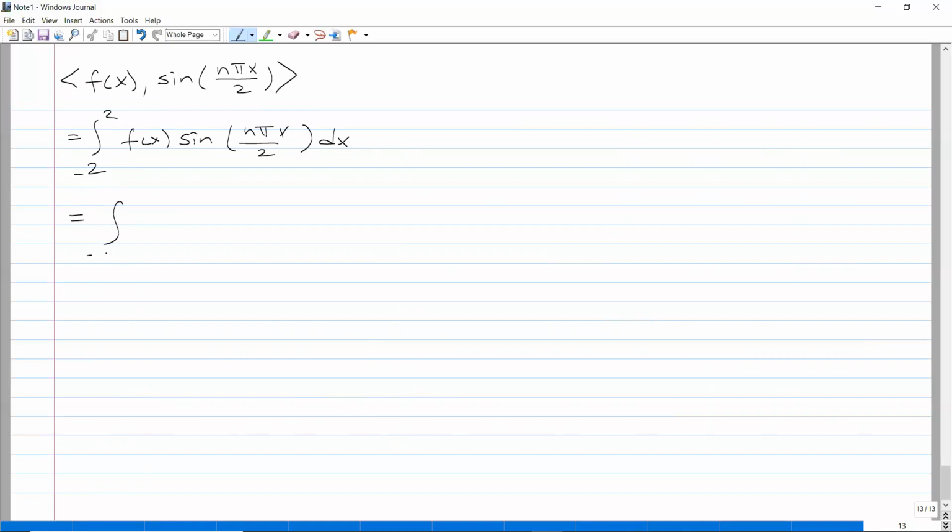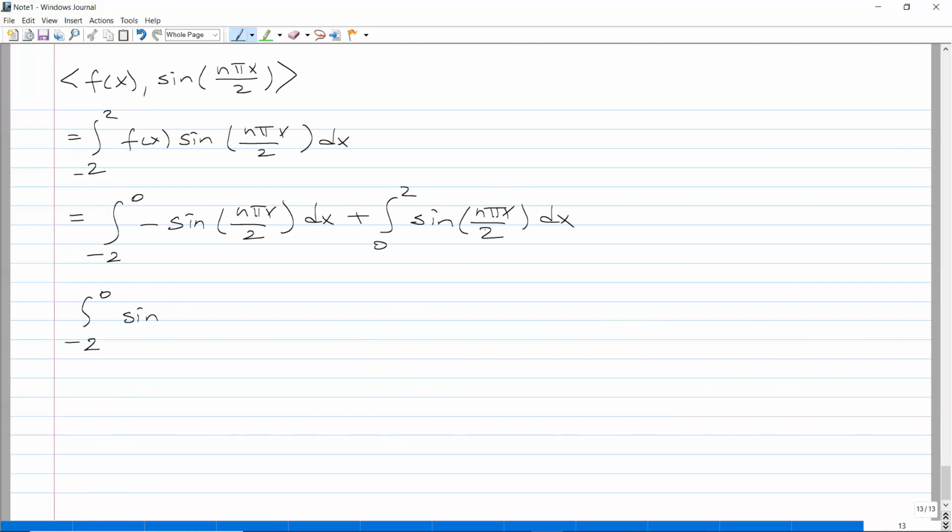From minus 2 to 0, the function is minus 1, and then from 0 to 2, the function is plus 1. But now sine is an odd function, so the integral from minus 2 to 0 of sine n pi x over 2 is the negative of the integral from 0 to 2, because sine is an odd function.